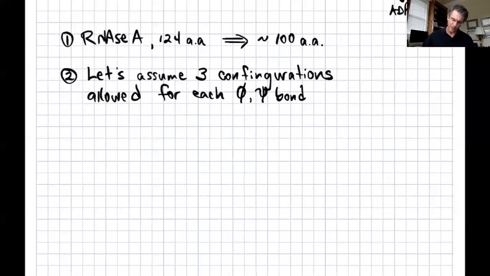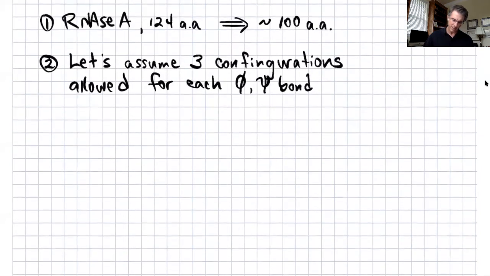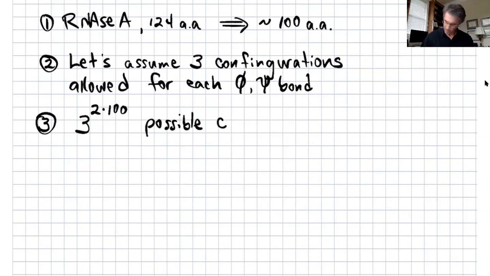If we think about a toy model like that, 100 amino acids, 3 configurations per phi psi bond, that would mean that we have 3 to the 2 times 100 possible conformational states available to this protein, right?